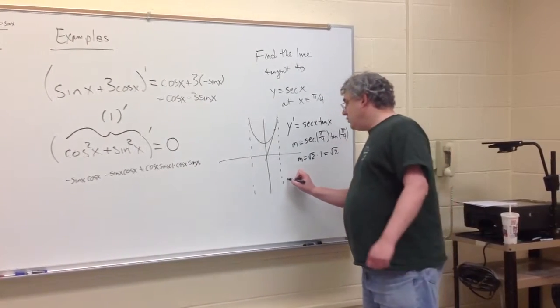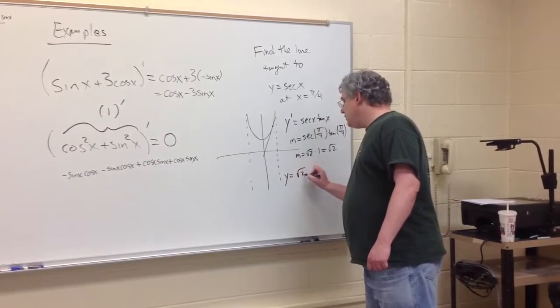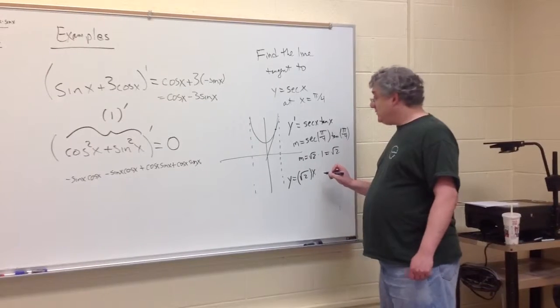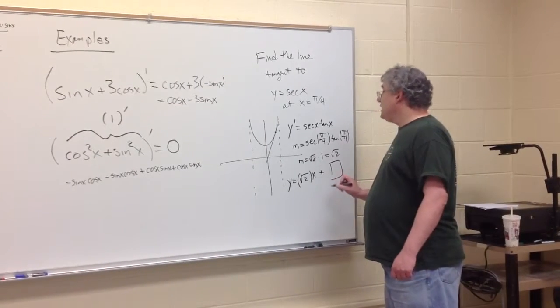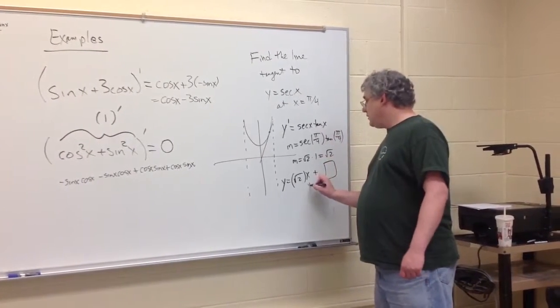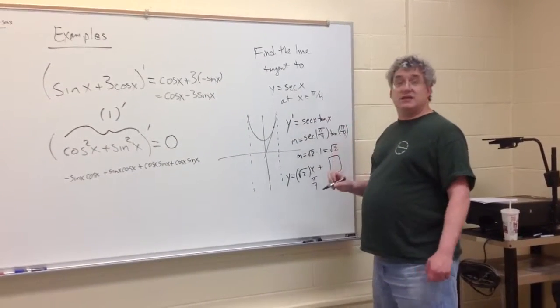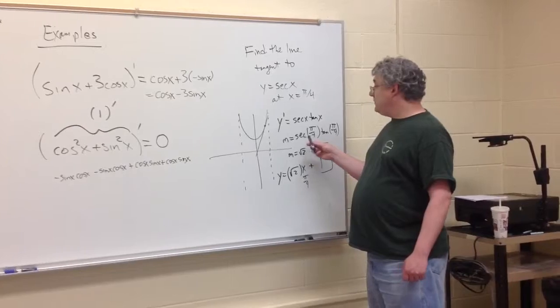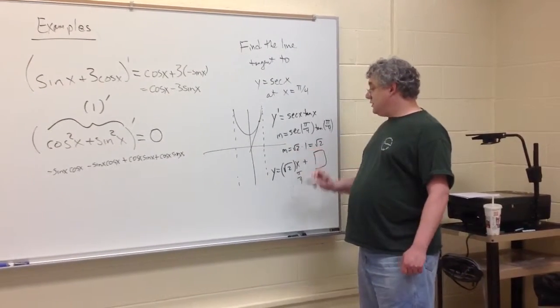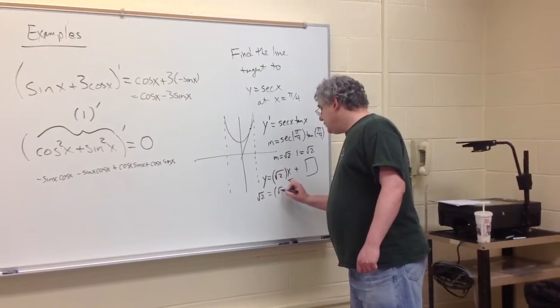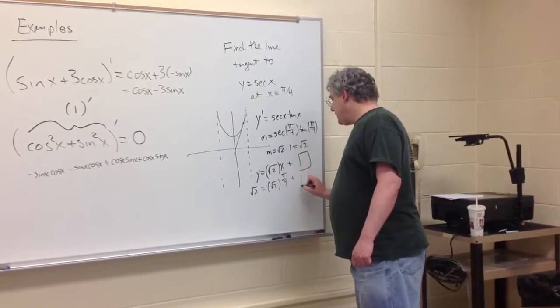So we are faced with y equals the square root of 2x, put parentheses there just for avoiding confusion, plus something. We know that x is pi over 4. And we know that y is, well, the secant of pi over 4, but we already knew that. I already told you the secant of pi over 4 is square root of 2. Square root of 2 is square root of 2 pi over 4's plus box.